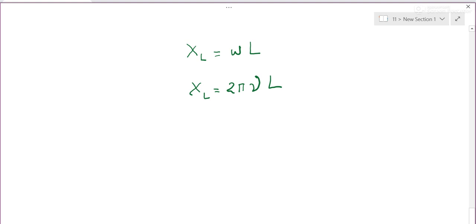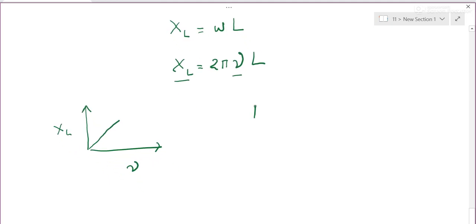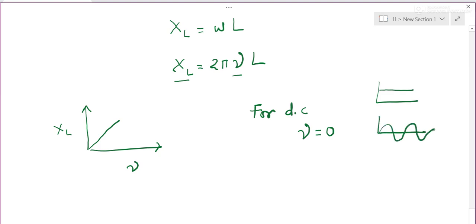So inductive reactance, the opposition offered by an inductor, against frequency will be a straight line because they are directly proportional. For direct current, DC, frequency is 0. DC is unidirectional, it doesn't change direction. AC is like this. So for DC the frequency is 0, so there is no opposition offered by the inductor.